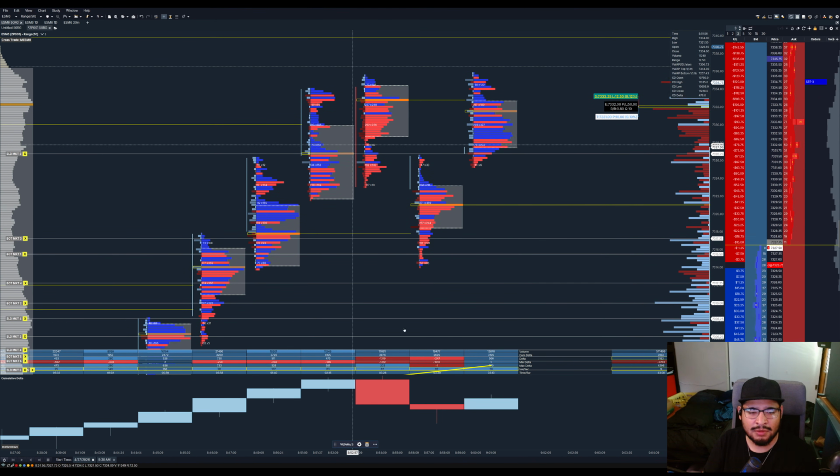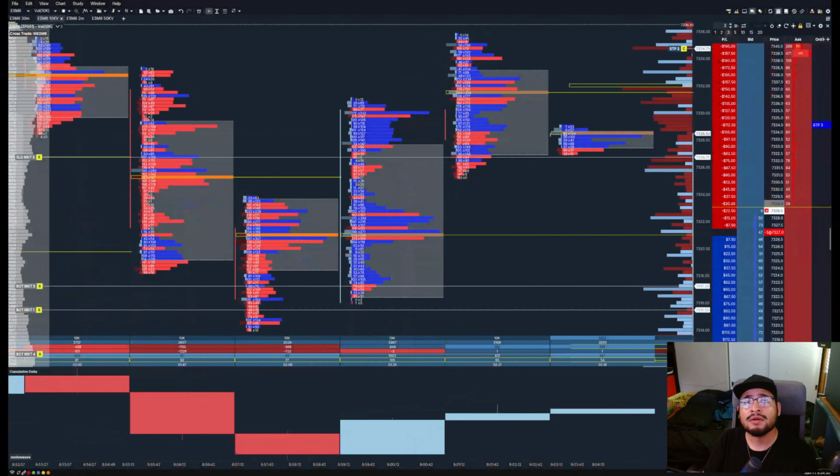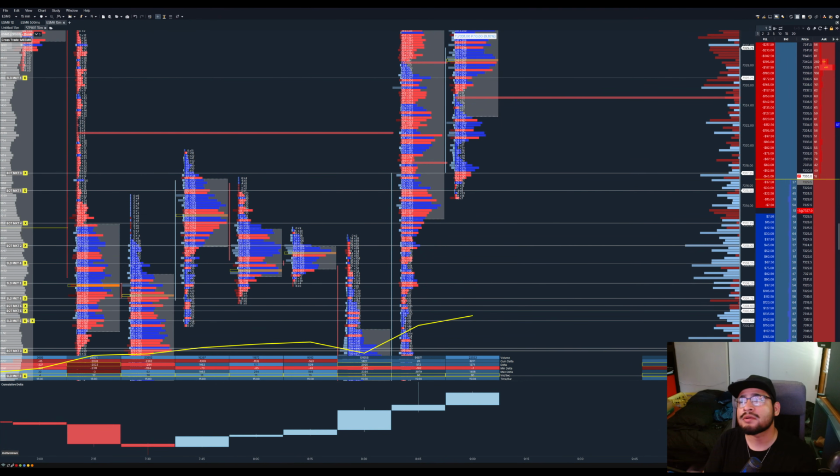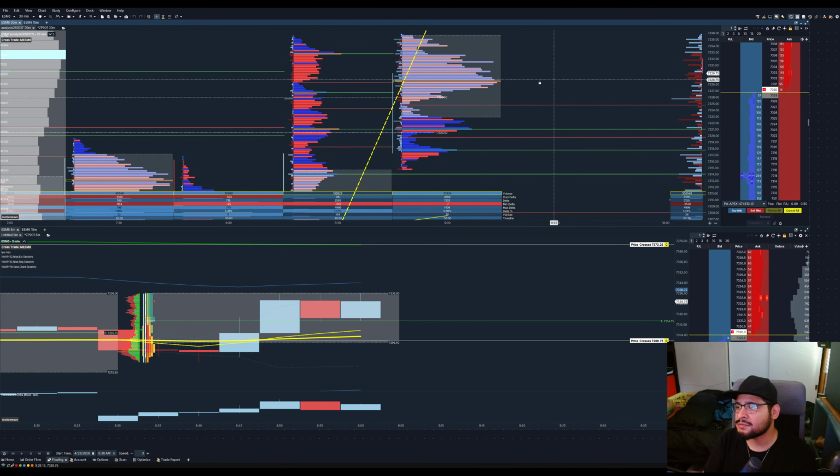But on the delta, we have less delta at the peak here on the range chart. And then on this chart here, why isn't it loading? Oh, I'm choosing the wrong one. We have this empty space here that I'm looking to fill on the 30-minute candle.